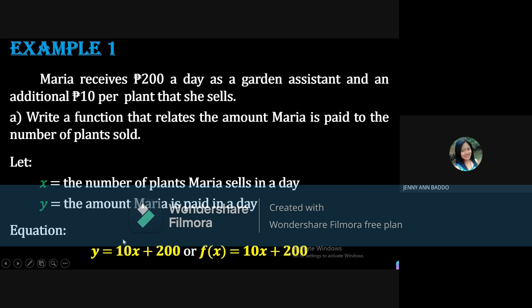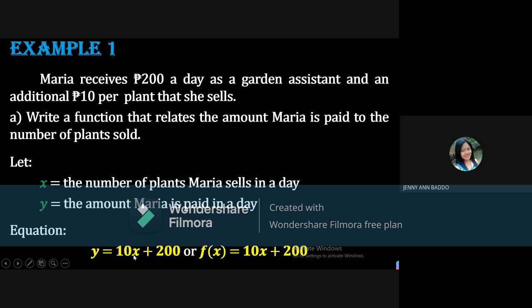Take note, we have here 10 as the constant multiplier of x because from the problem we have a condition wherein it states that she will receive 10 pesos per plant that she sells.